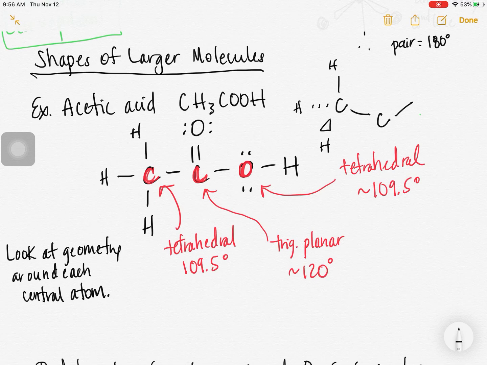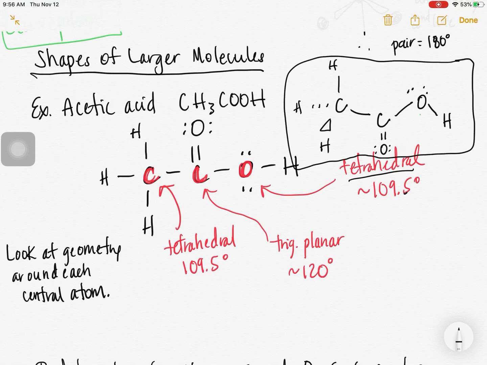At this carbon, it would be a trigonal planar. So it would look something like this. And then around the oxygen, it's a tetrahedral arrangement, but it only has two lone pairs, which means it's going to be a bent structure. And then my lone pairs would be like this.